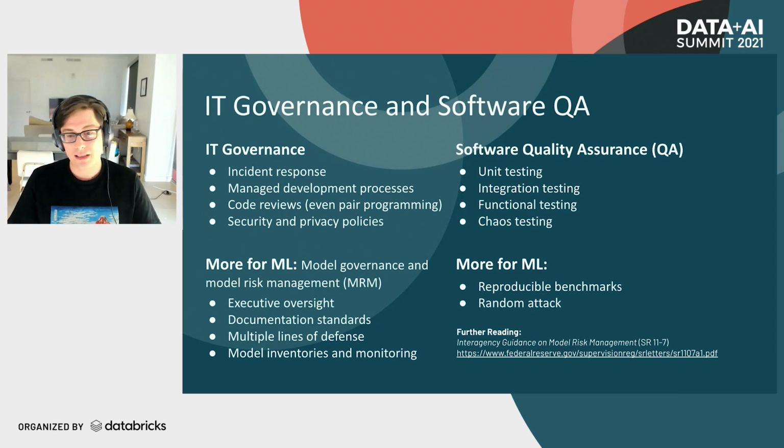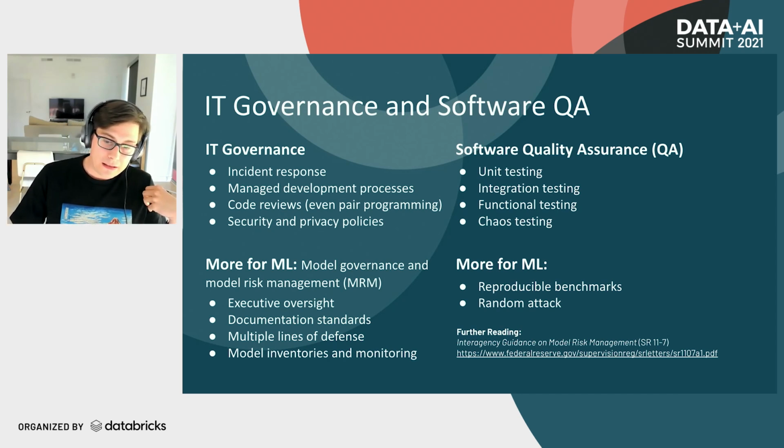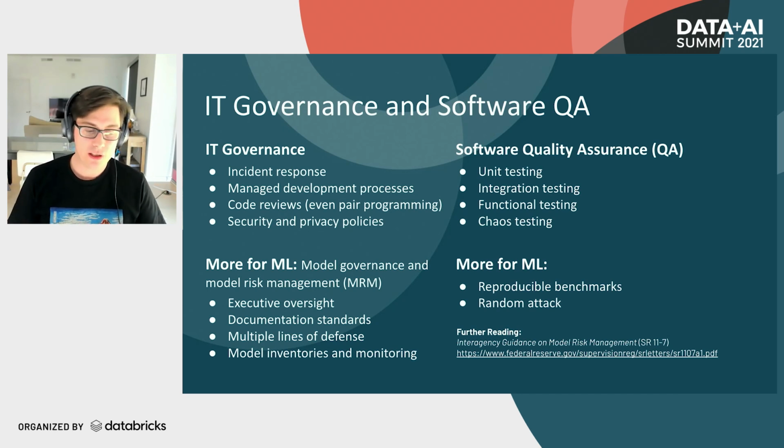On the software testing side, I'm not going to spend a ton of time. Some of you are probably better at this than I am. But we know how to test software, and we need to make sure that testing is applied to machine learning. And then, I'll call out chaos testing as being really appropriate for machine learning, because we tend to deploy machine learning and AI systems into these chatbot contexts where almost anything can happen in a conversation, and it's hard to put guardrails on it.